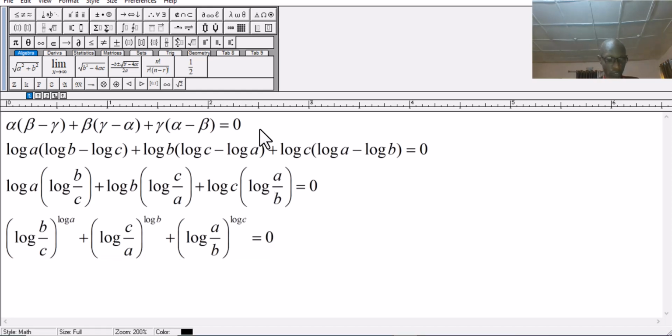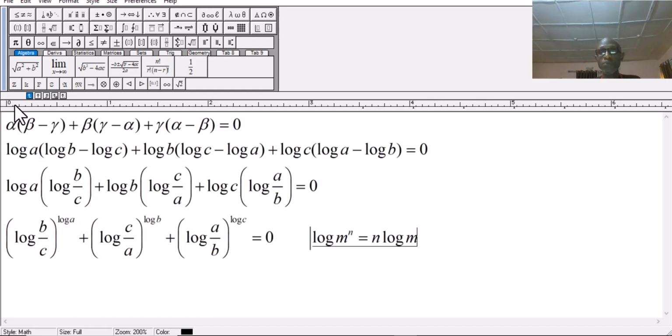Now the step we took here, let me write it so that you will not be confused. If you are given log of n raised to the power of n, it is the same thing as n log n.